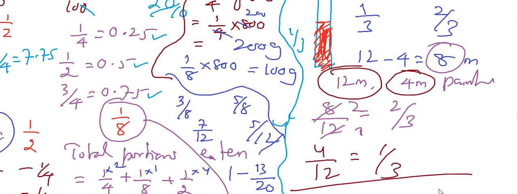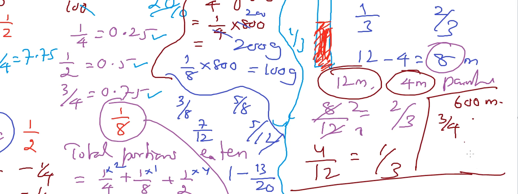And in the same way, suppose there is a distance. Let's say you need to walk 600 meters. Let's say you have walked 3/4 of the distance. So what is the distance you walked, in meters?